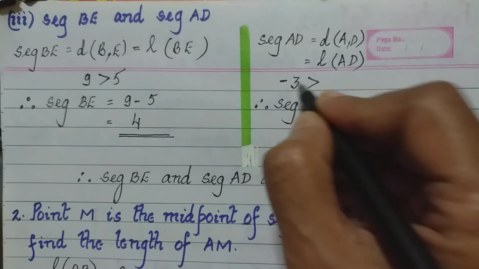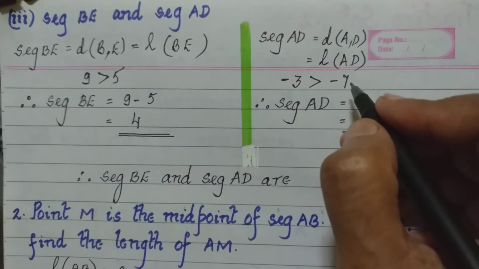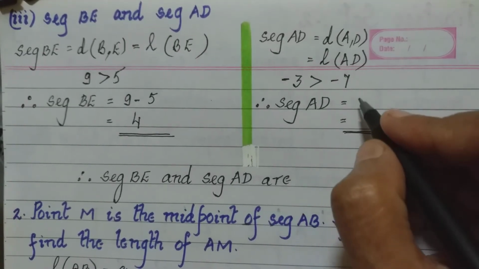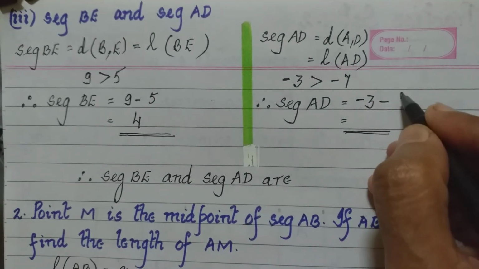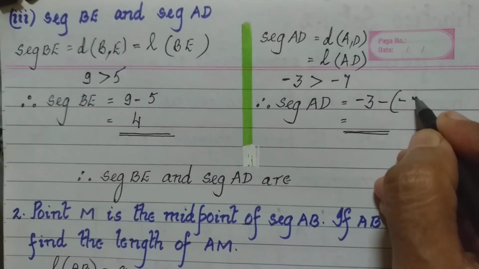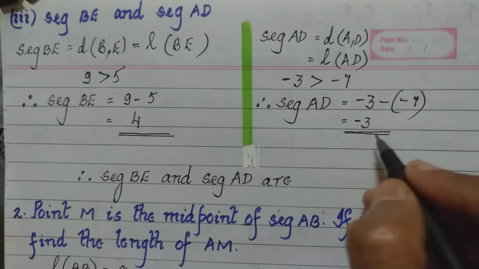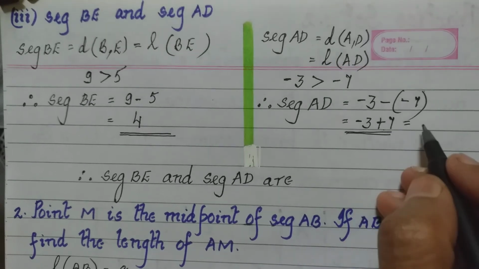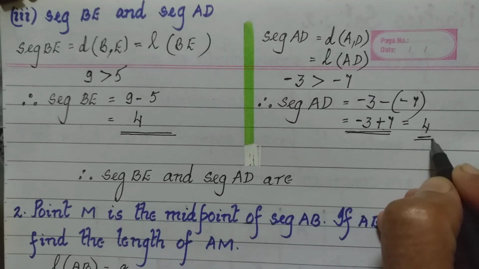So I have minus 3 greater than minus 7. So segment AD equal to minus 3 minus minus 7. So that is minus 3, minus into minus is plus, plus 7, which is 4, and sign of the bigger number is plus, so it is 4.